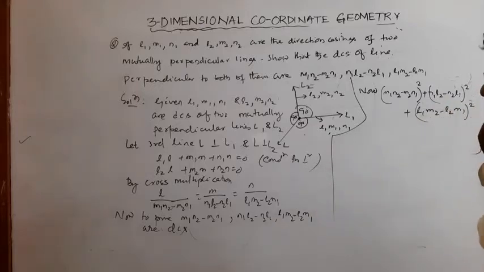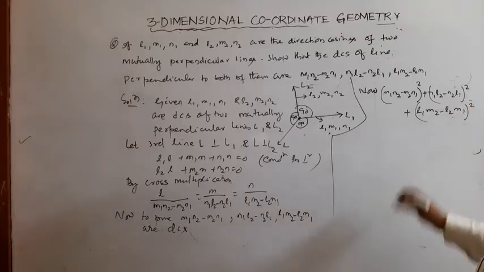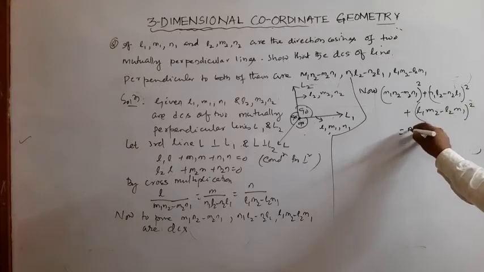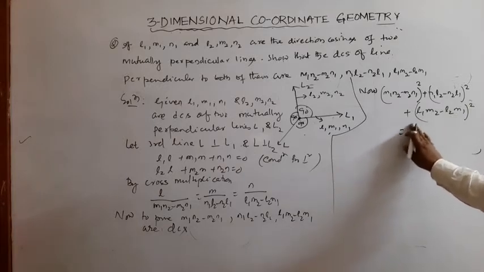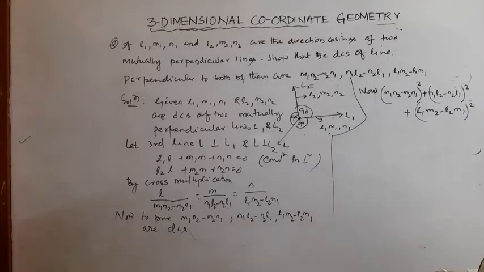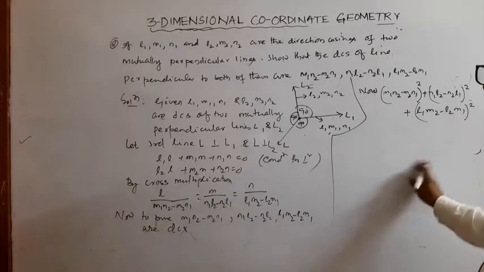So expanding this, or by another method, this is the formula for the angle between two lines in sine form. The square of this equals sin squared theta.